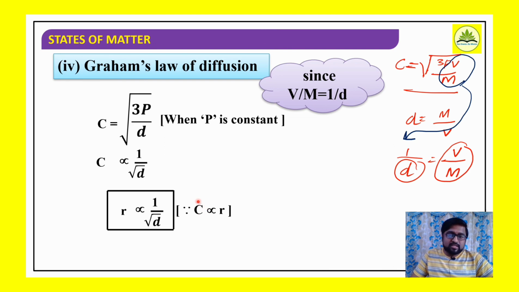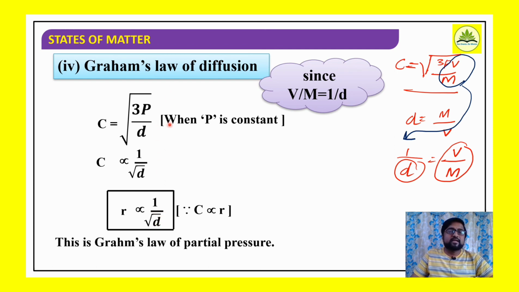If the speed of the molecule is high, the rate of diffusion is also more. If the velocity of the molecule is less, the rate of diffusion is also less. So R is proportional to 1 divided by the square root of d. This is the deduction of Graham's law of diffusion.